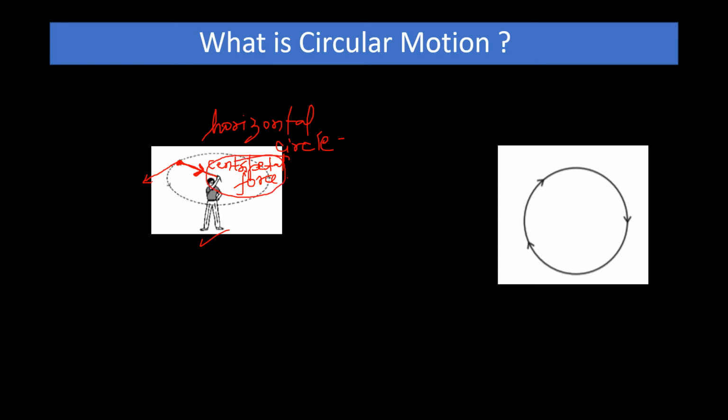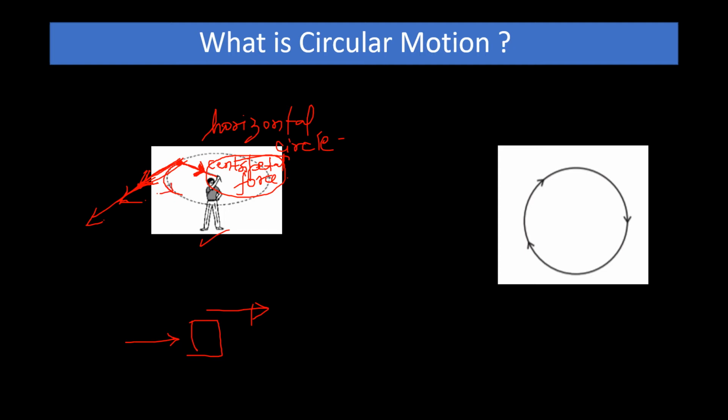Generally, whatever is the direction of the force applied, the object moves in that direction. So here, if only this force were there, the object would have moved in this direction. But to restrict its motion along this tangential direction, there is a centripetal force acting towards the center, and due to this, the path is curved.